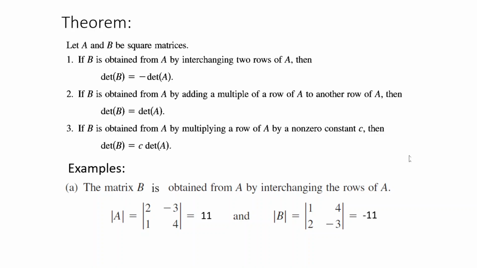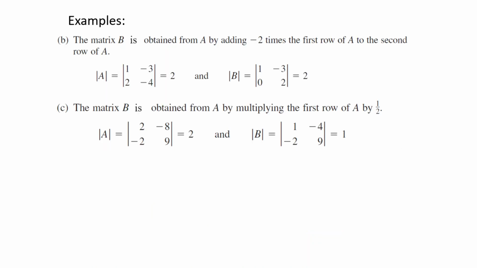Next, we have the matrix B, which is obtained from A by adding negative 2 times the first row of A to the second row of A. So again, this row is multiplied by negative 2 and then added to this row to get the new row 2. So we obtain this matrix. Now if we get the determinant of this, we have 2.